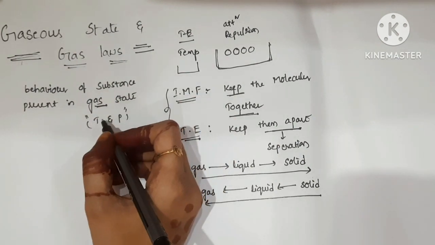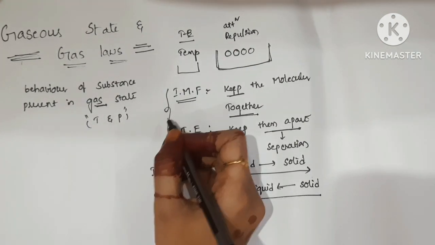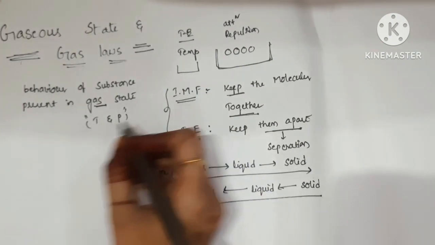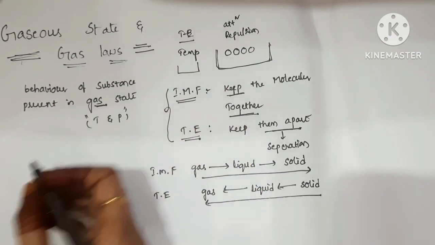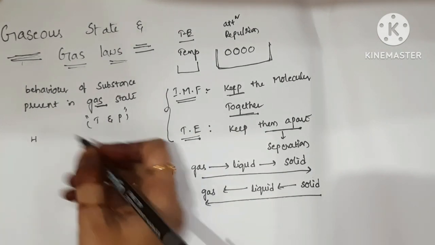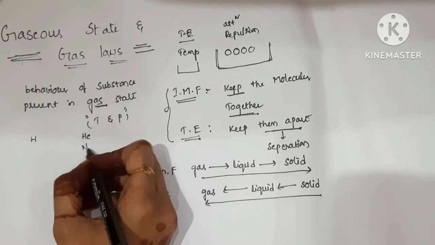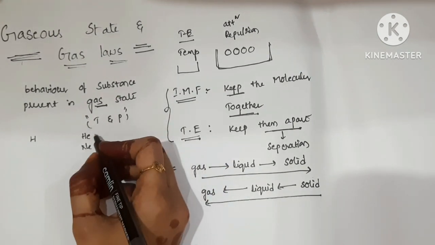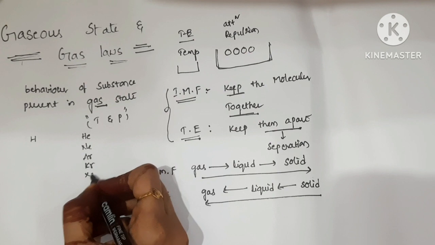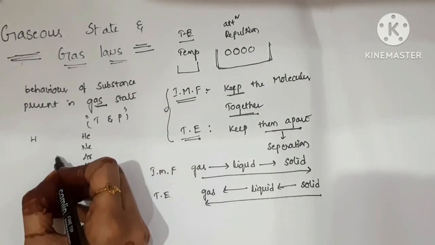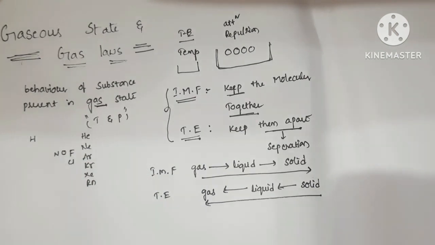In the periodic table: hydrogen, helium, neon, argon, krypton, xenon, radon, the noble gases, and also nitrogen, oxygen, fluorine and chlorine.